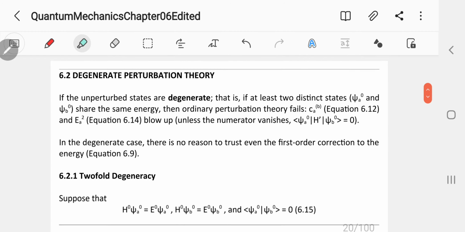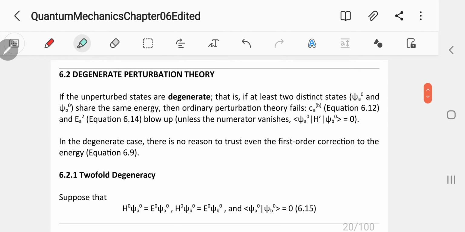And now let's go to the non-degenerate perturbation theory. I mean degenerate perturbation theory. The first that we discussed was non-degenerate. Now we'll go to degenerate perturbation theory, one in which some energies are the same.